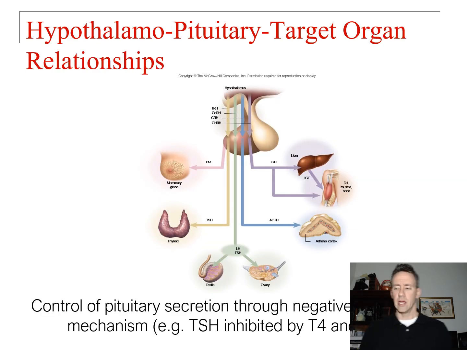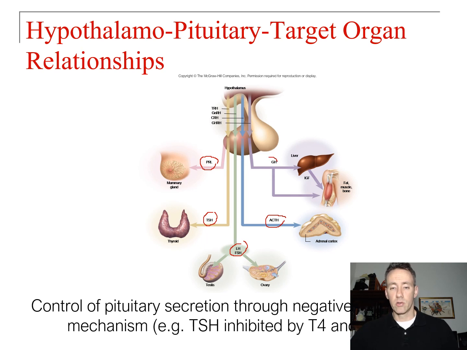This is just a summary to demonstrate the effects of the hormones and their destinations. For example, prolactin acts on mammary glands to produce milk. TSH acts on the thyroid gland, so they have specific targets. FSH and LH act on the gonads. ACTH acts on the adrenals.